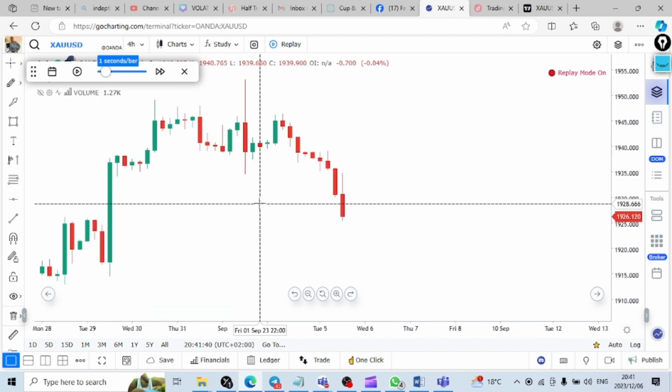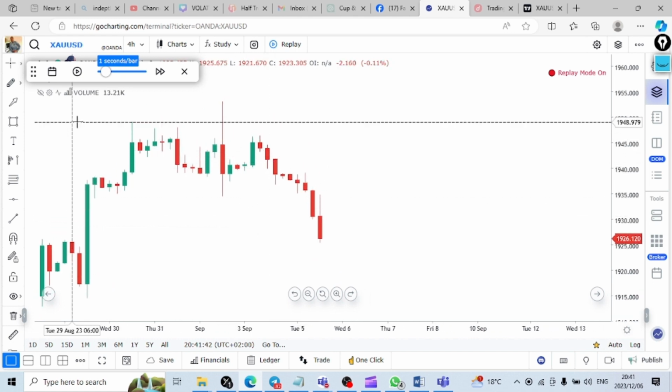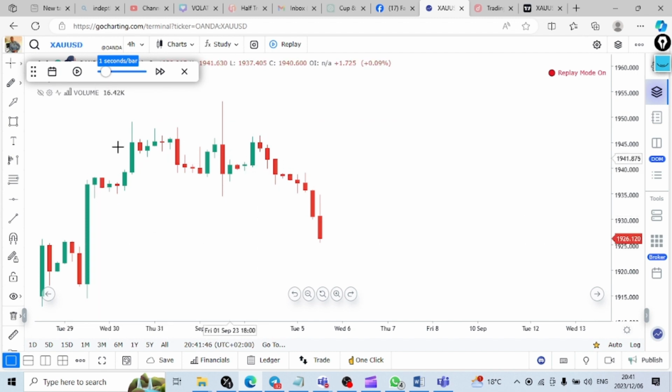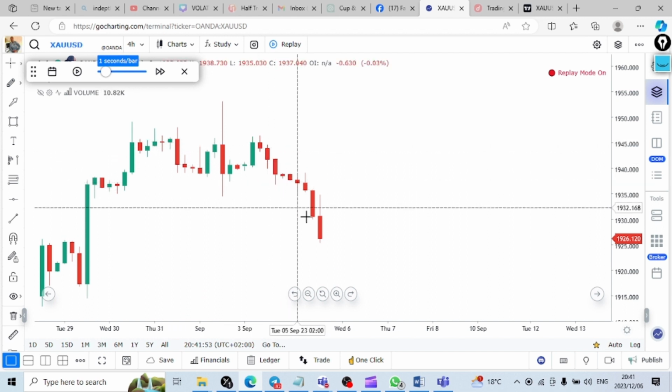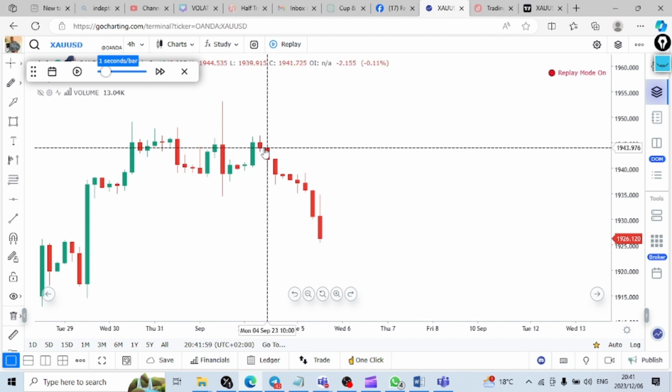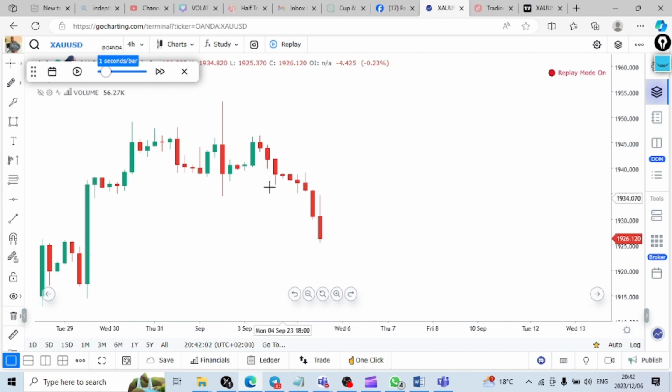On my chart I'm using red and green candles. The green candles represent the bullish candles, and the red candles represent the bearish candles. So the last bullish candle before the price starts to move downwards is our order block.